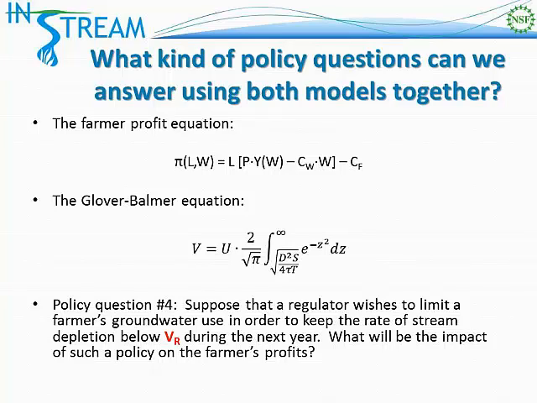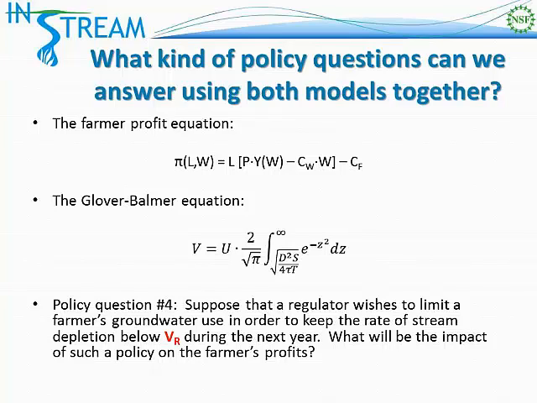Once we have the rate of groundwater pumping, then we can think about a certain period of time and translate that rate of pumping into a quantity of water. And we can then plug in that quantity of water into the farmer profit equation in order to calculate the farmer's profits.